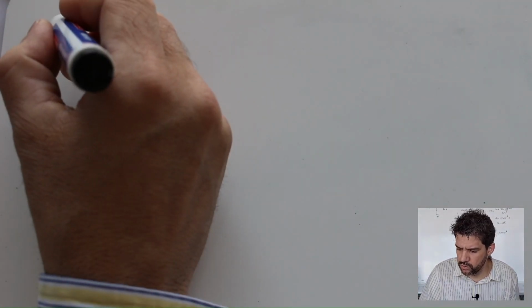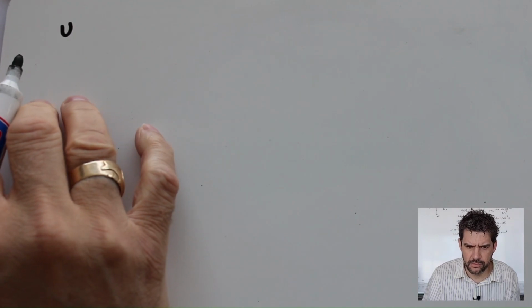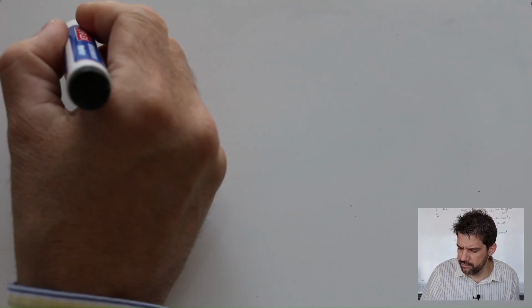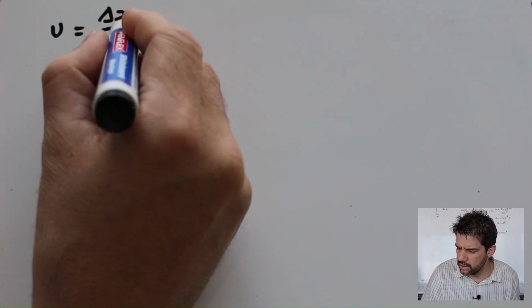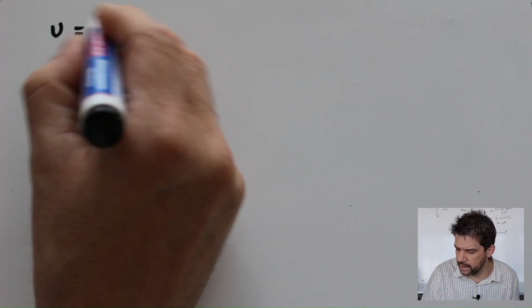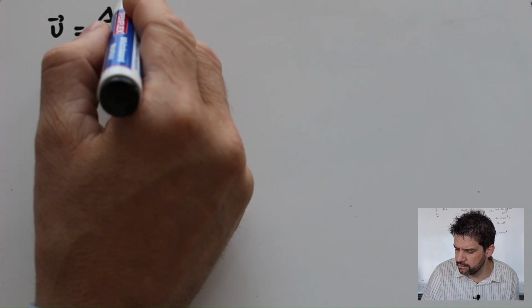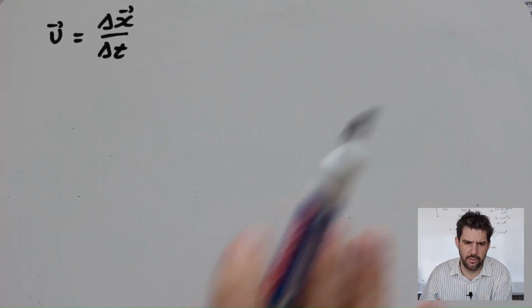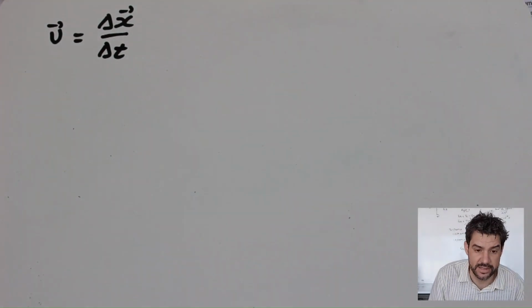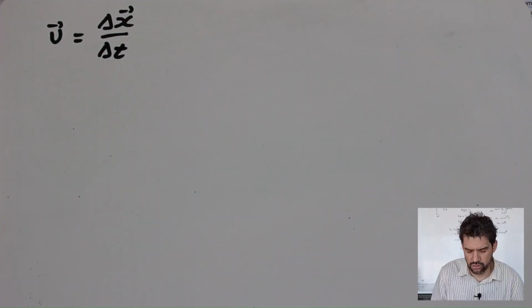Velocity, which is V, is equal to delta X divided by delta time. Before we write the definition for this one, I want to point out certain things right now.